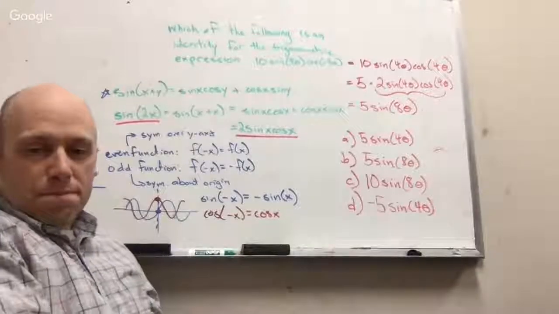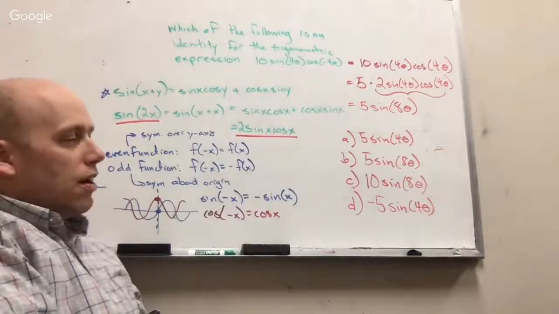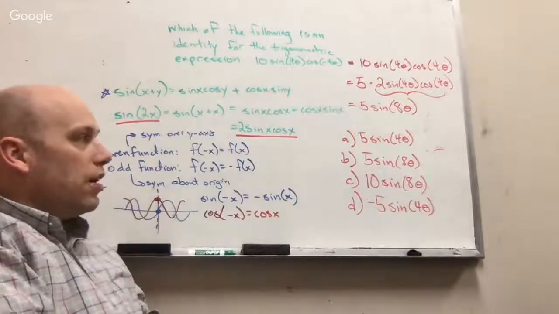Could you not just plug in 10 sine of 4 theta cosine 4 theta, and then plug in the answers, and if you get the same thing, like if you just made up a value for theta? Yes, that's what I'm saying. You would want to choose it carefully.